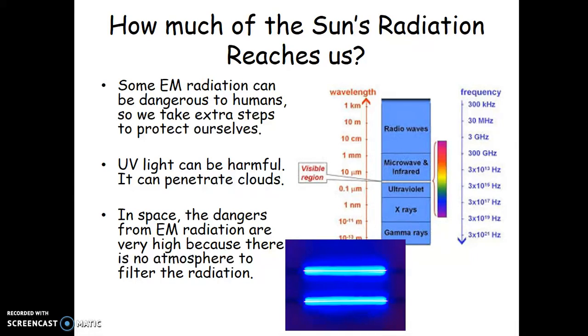If it's ultraviolet, we still get ultraviolet from the sun, but you put sunscreen on. X-rays, you wear that lead vest, and usually we don't use gamma rays unless you're undergoing some type of cancer or radiation treatment in the hospital. So in space, the dangers of electromagnetic radiation are very high because there's no atmosphere, there's nothing to protect us from those.